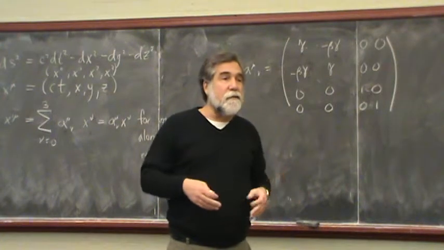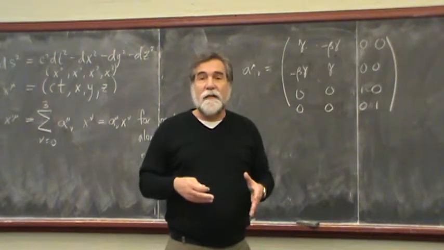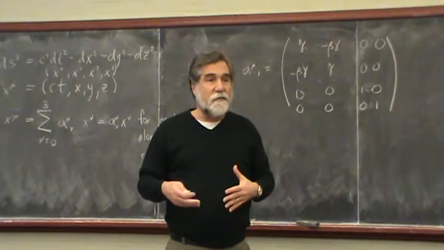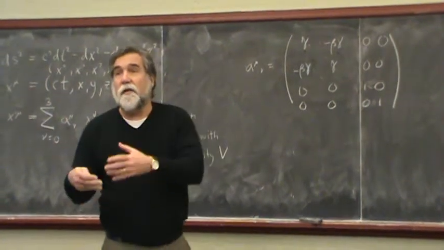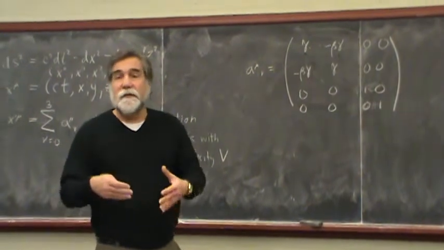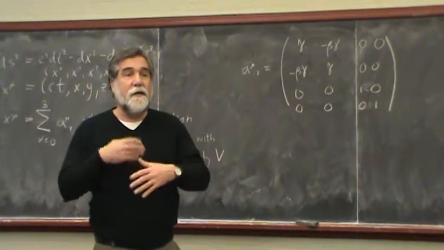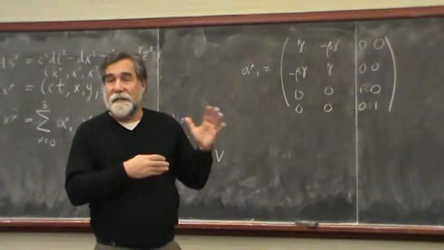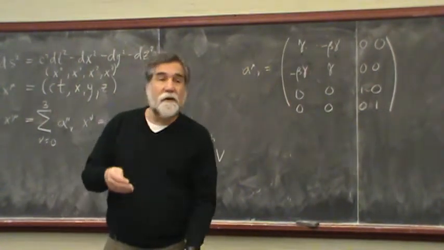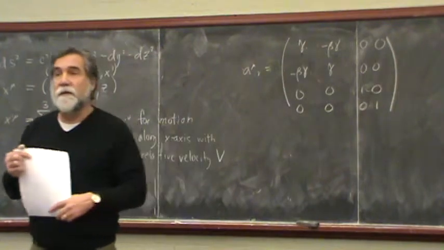Later on, I'll define which ways tensors have to transform in order to be tensors. Covariant vectors are called that because they transform in a specific way from frame to frame, and contravariant because they transform in a different way from frame to frame, and covariant and contravariant tensors transform in different ways from one another.